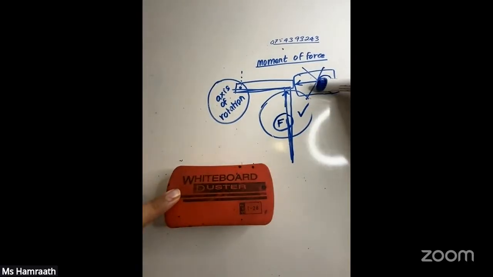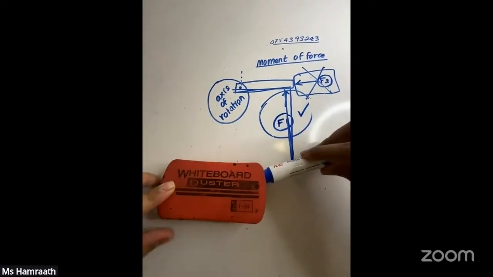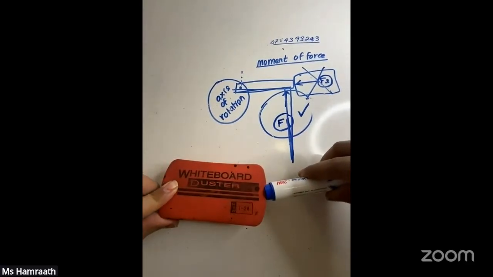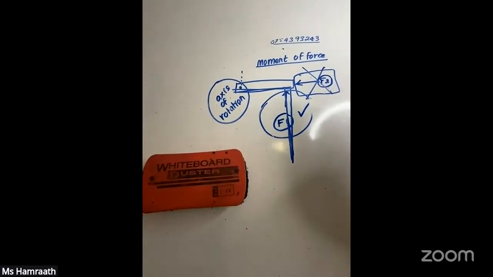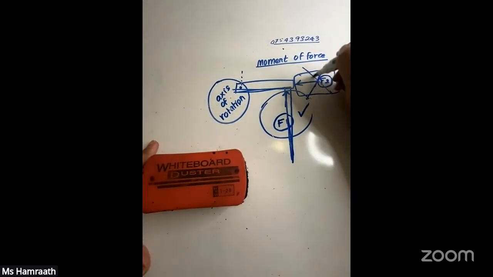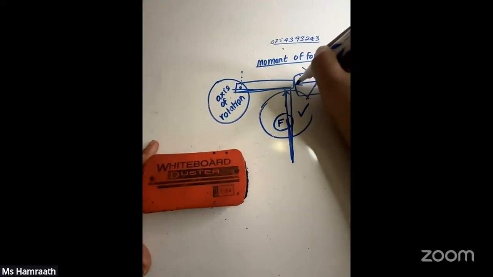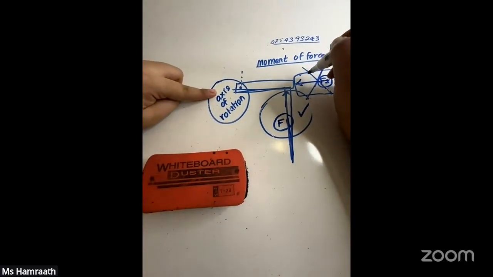But if I am applying a force in the direction of F2, like if I'm giving it straight, will I be able to rotate it? No. So from this, what did we understand? If I apply a force directly in the direction of the axis of rotation, I can't rotate the object.